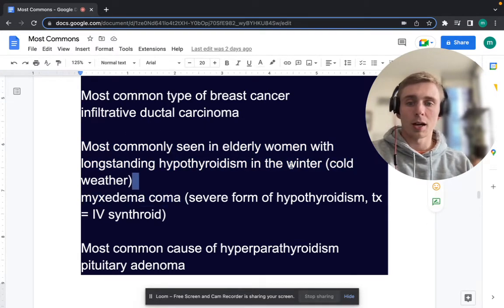So if they already have hypothyroidism, then they're having another precipitating condition like cold weather, they're at risk for myxedema coma. Or maybe if they have hypothyroidism and they forget to take Synthroid, they could have myxedema coma. Myxedema coma, so a severe form of hypothyroidism, and treatment is IV Synthroid. You can also give hydrocortisone, warming blankets, IV fluids, potentially pressors.